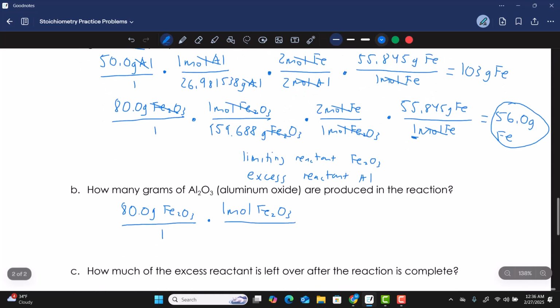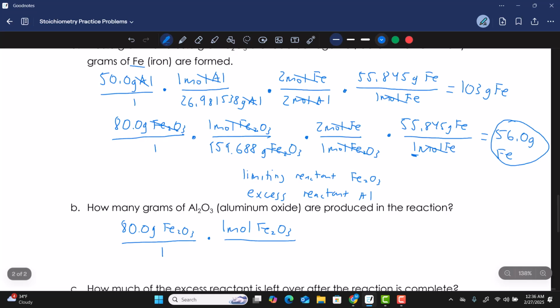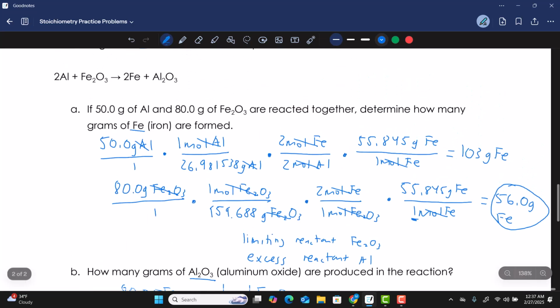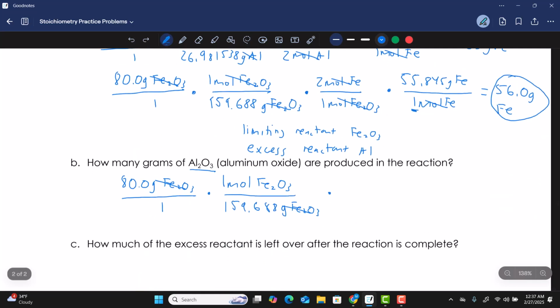Oh wait, we already have this, it's right here, so it's 159.688 grams of Fe2O3. The grams can cancel. And then we want Al2O3, and we can see that there is no coefficient, so it's just 1 mole of Al2O3 on the top.